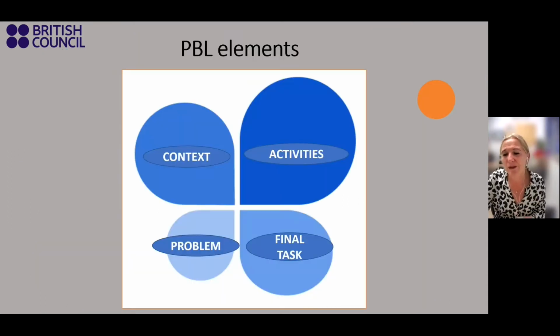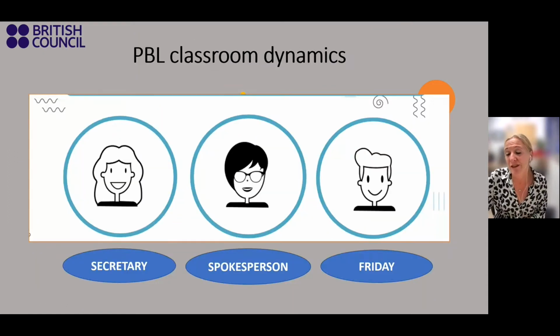So here we have the elements, and here we have, for example, the classroom dynamics of our project. 3 is a nice number. 3 is not too small, not too big. So we have 3 thinking heads, and it's always nice as well to give your students a role.